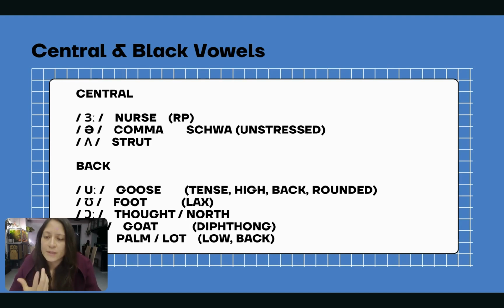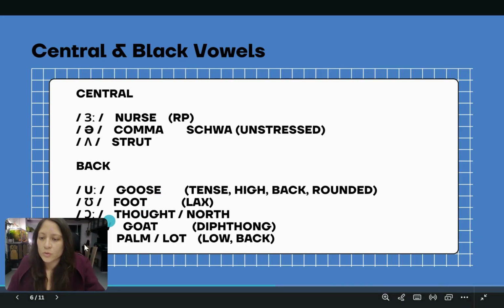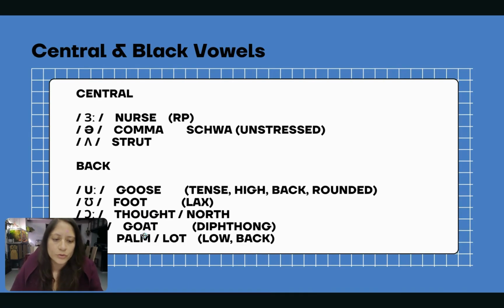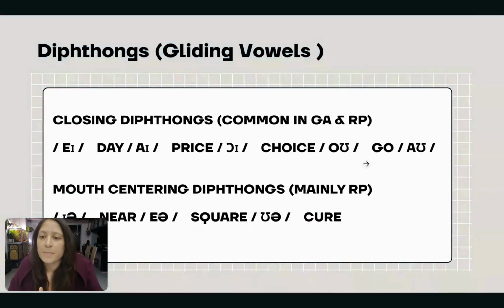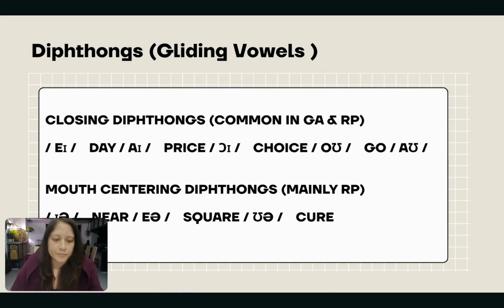I think it's important because we use this kind of sound, and I think it is one of the most common. Then we have goose, foot, thought, north, goat. Then we have the diphthongs.